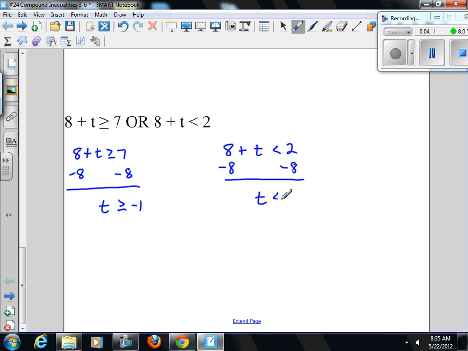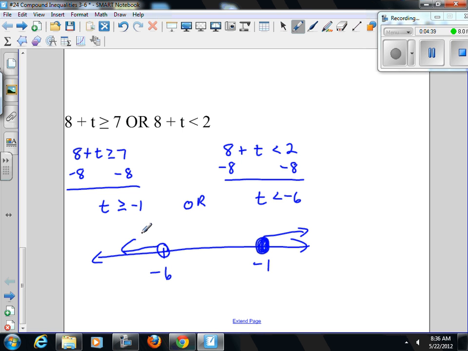So we have t is less than -6, and just put an OR between them. And we just graph both answers on the same number line. So here is -6, here's -1. T is greater than or equal to -1, closed dot going to the right. T less than -6, we have an open dot going to the left.